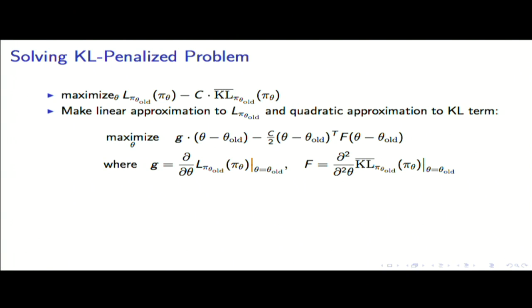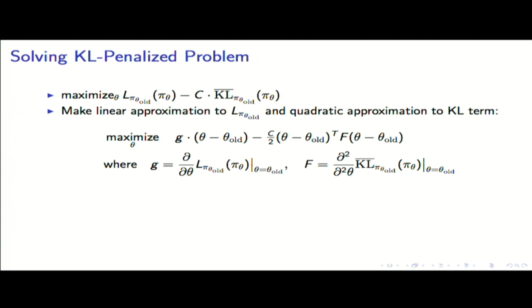So the linear approximation to the surrogate L is just our gradient of L times the change in theta. And then we're going to construct a quadratic approximation to our KL divergence term, and we can write that as a quadratic form, just this quadratic term here.